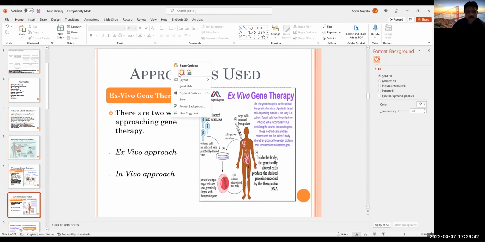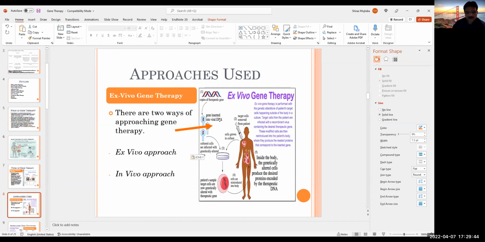Then the approach could be of two types: ex vivo gene therapy and in vivo gene therapy. In ex vivo, the cells are taken out from the body and treated in the lab by retrovirus or adenovirus. The genes are fixed, and then the cells are injected into the patient's body.